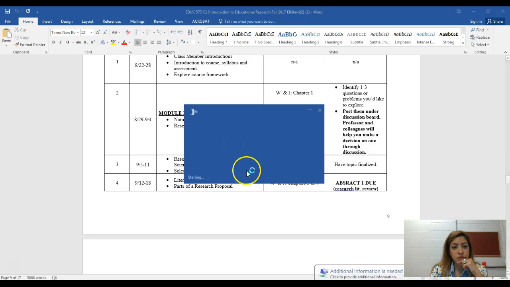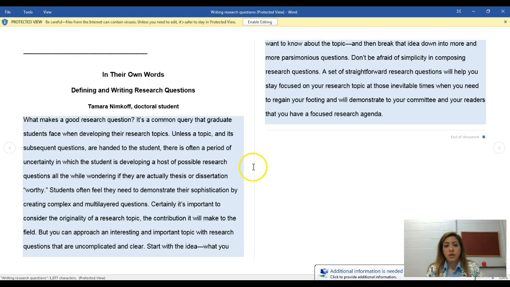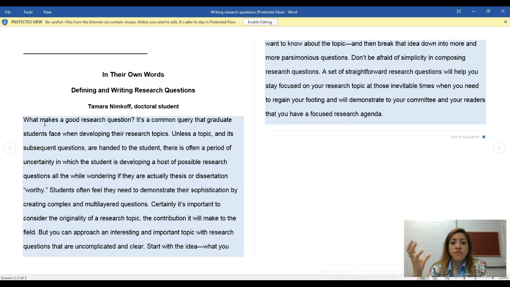If you open it, basically, what makes a good research question? So we said that you have your problem, the phenomenon that really interests you or brings some curiosity to your mind, and you want to research it. You want to make the question that matches this problem. Well, what makes a good research question in order to be sure that I'm doing the right thing?